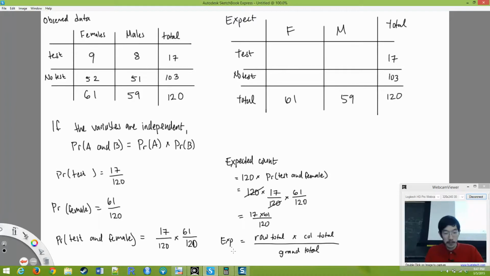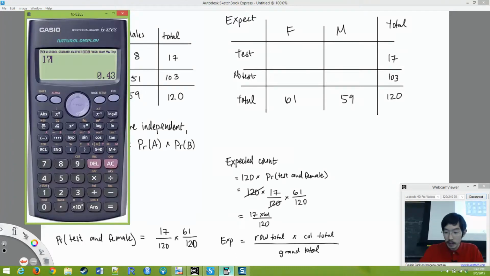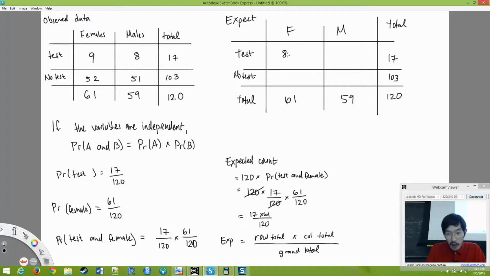Okay, so doing that, 17 times 61 divided by 120, I'm expecting 8.64 people to be females who have taken the test.